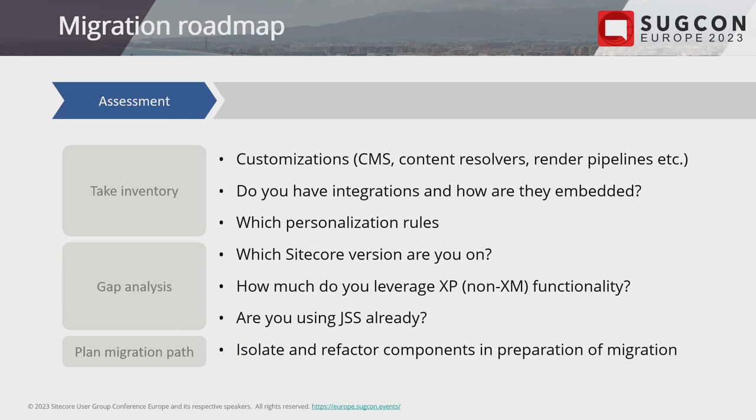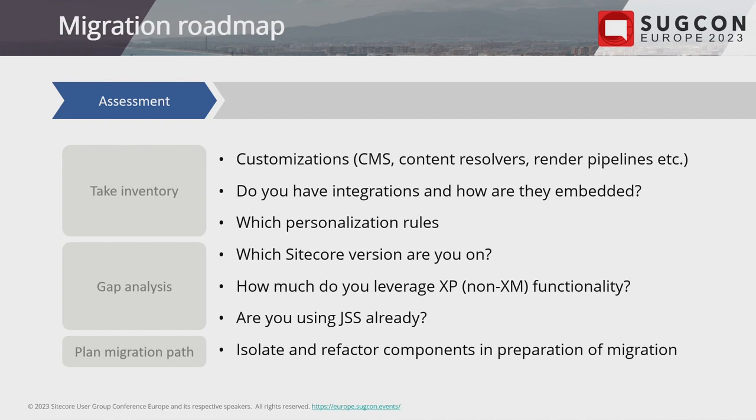your first step is the assessment, taking inventory. What are your customizations on your CMS, like custom fields, utilizing security, maybe content resolvers, or even render pipelines that you have? Do you have any specific integrations, and where are they embedded in your solution?